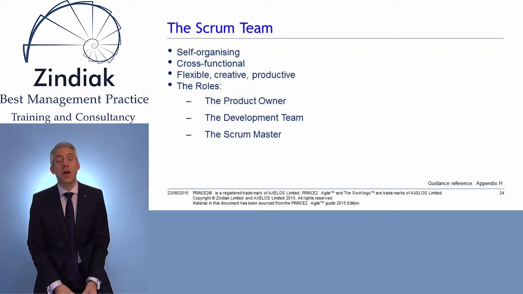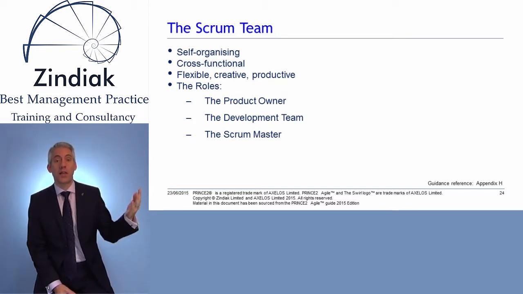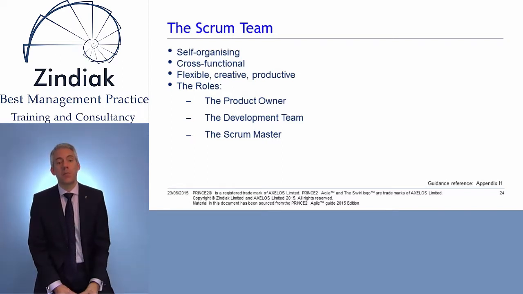On a PRINCE2 Agile project, this could be the PRINCE2 project manager, as the PRINCE2 project manager interfaces with the stakeholders, with the project board, the executive, the primary user, the primary supplier. Or it could be someone else designated to be the product owner for a specific product within the project. But the product owner represents the business on the Scrum team.